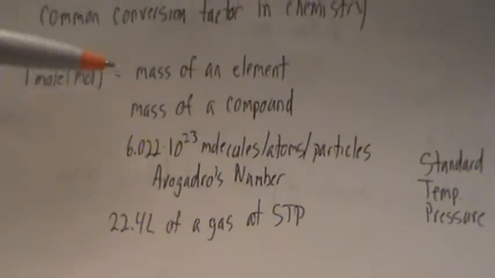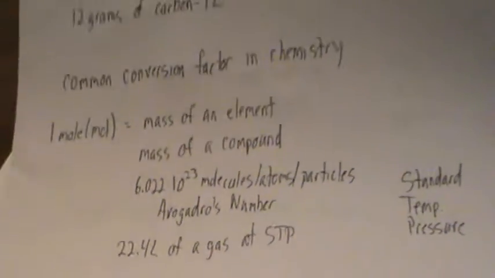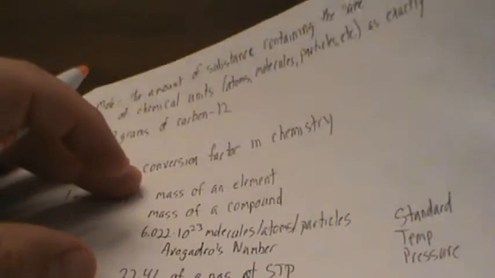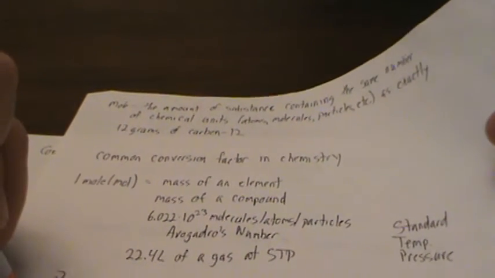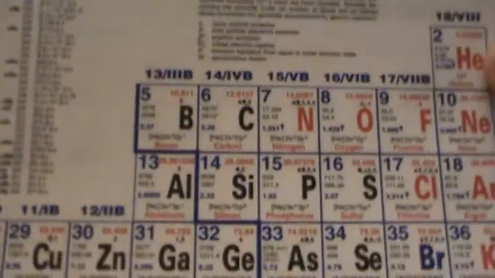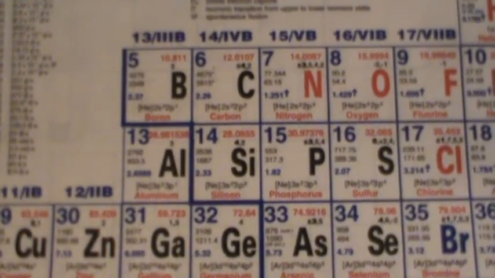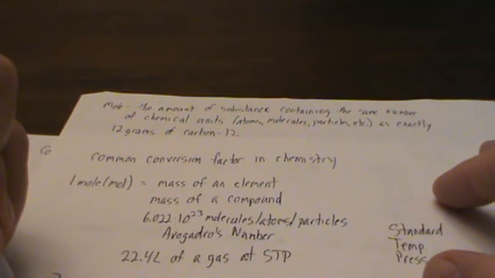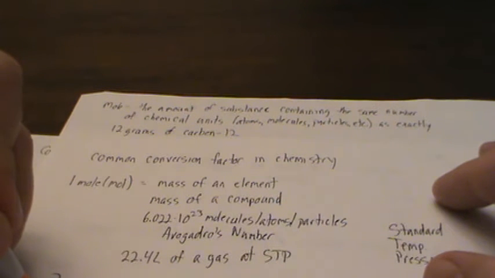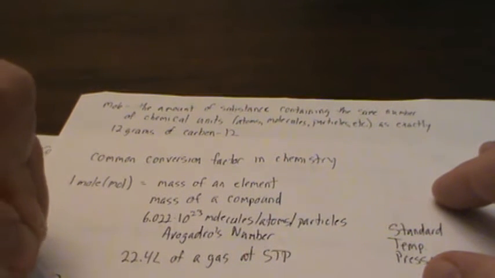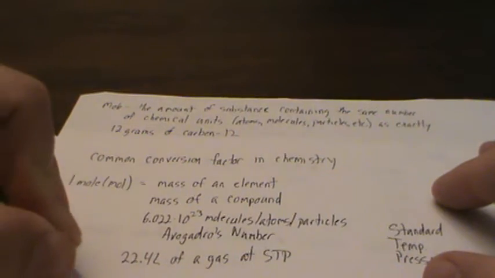So let's look at the first two real quickly, how that works out. Let's say phosphorus. On the periodic table, phosphorus is number 15. We look at the mass, 30.97376. If we round to about 2 spots after the decimal, we can say 30.97 grams is equal to 1 mole of phosphorus.